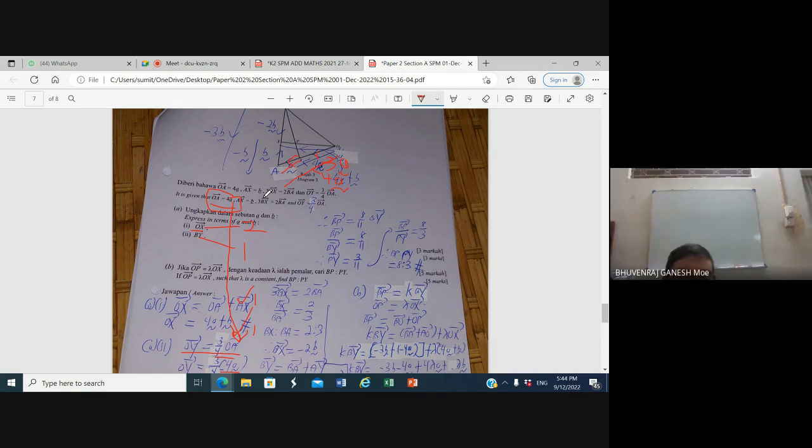Because 3A plus A, you get 4A. The 4A is basically the whole line from here to here, but I break it up into 2 portions: OY you get 3A and then this one is A, based on this ratio here.